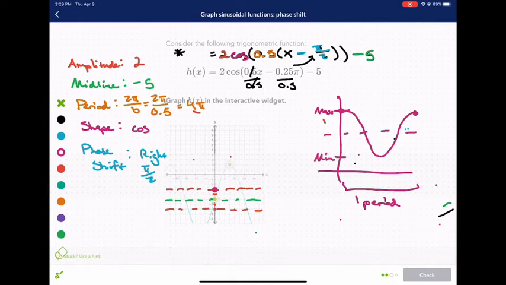All right, now I'm going to use the shape of cosine, right? It starts on the y-axis at the maximum value, and we've got a period of 4 pi. Right? I'm going to divide this into 4 pieces in order to get the nice shape of my cosine function. There we go. That's more or less what it should look like.